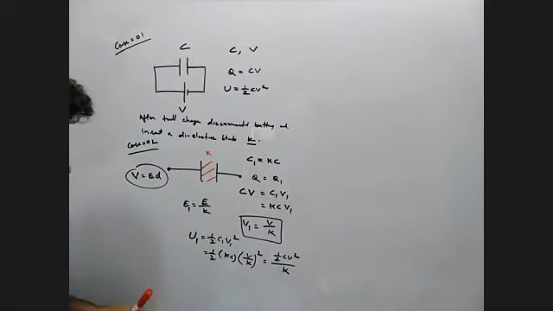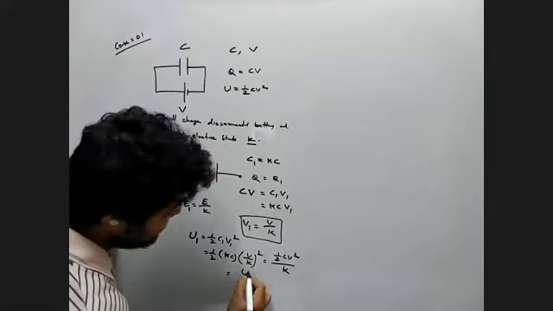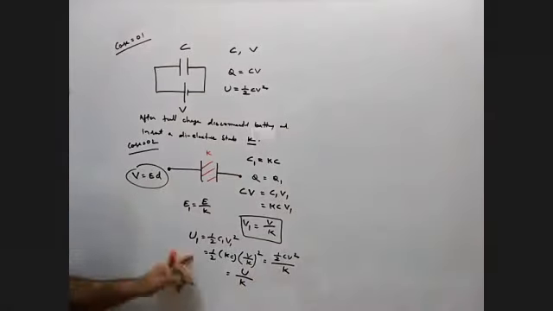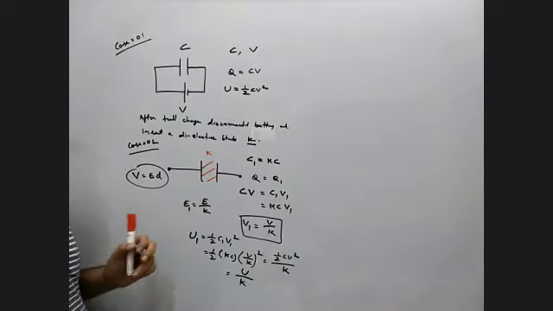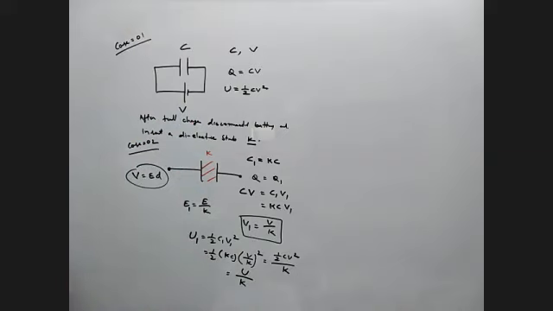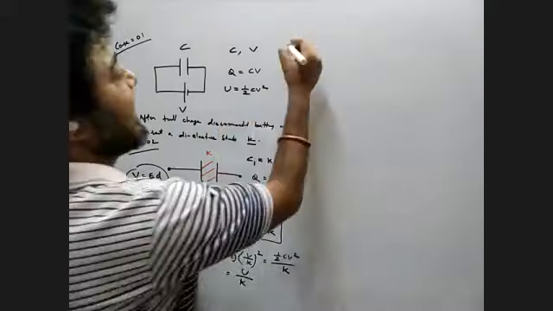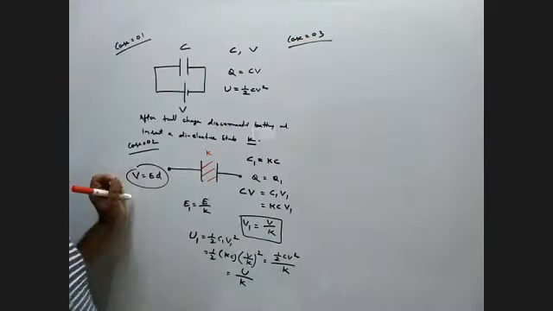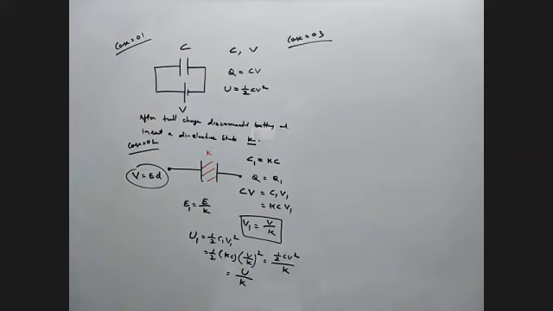So with respect to the initial energy, the energy stored decreases K times when we remove the battery and insert a dielectric slab with dielectric constant K. Now case 3: what happens if we do not remove the battery and insert a dielectric slab?